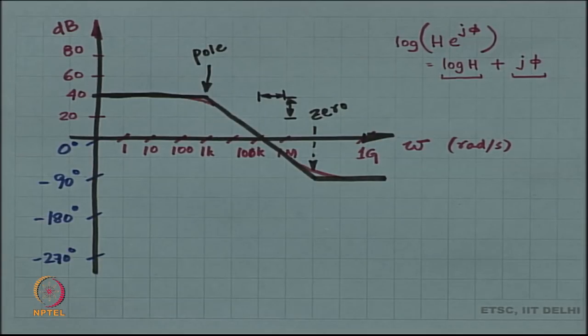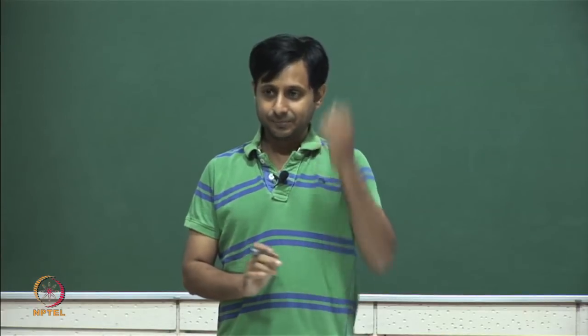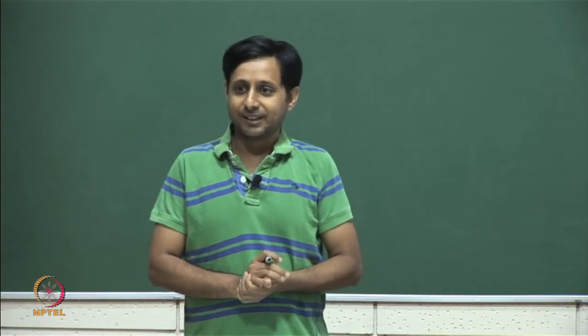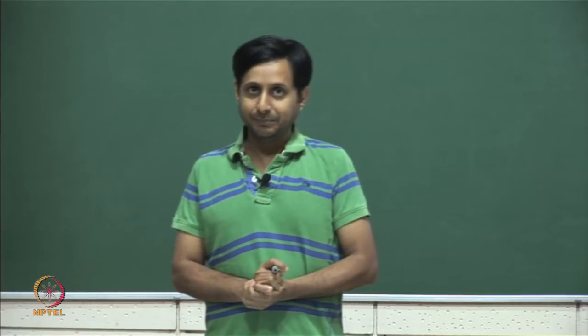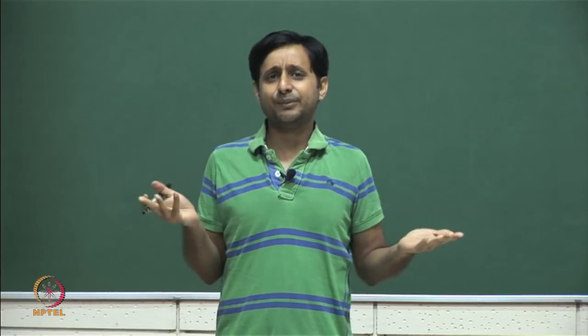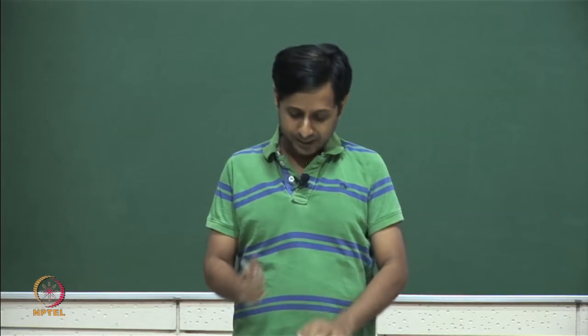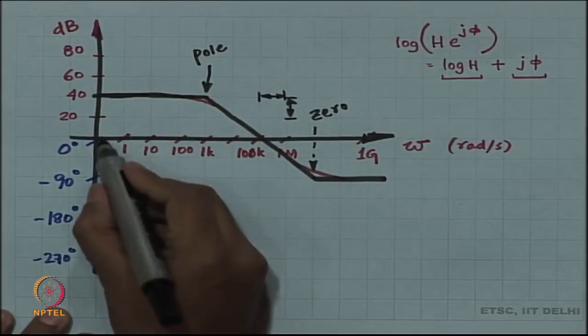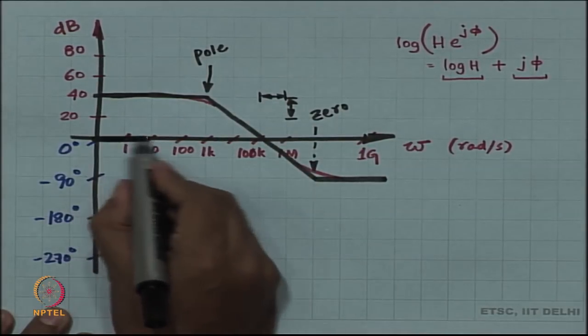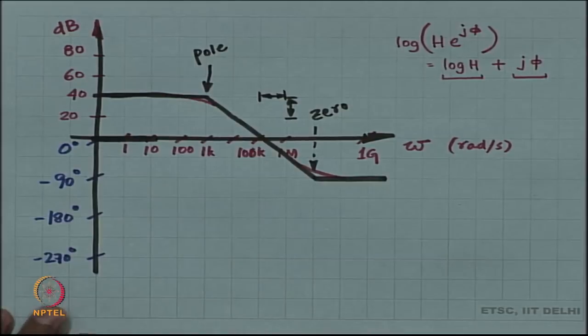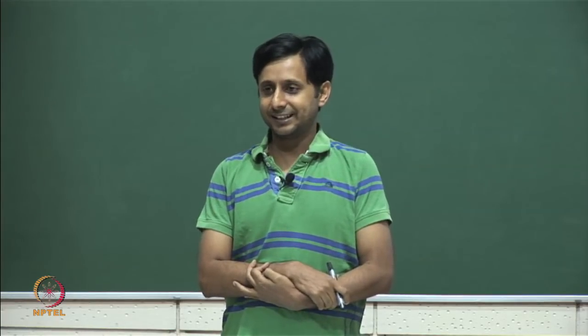All right. Next, we also have to plot the phase, and the phase plot also happens to be something very easy. At DC, the phase is going to be 0. So, we are not going to worry about DC. You are always going to start from DC, which is at phase 0, and then after the first pole, you are going to get a phase adjustment by minus 90 degrees.